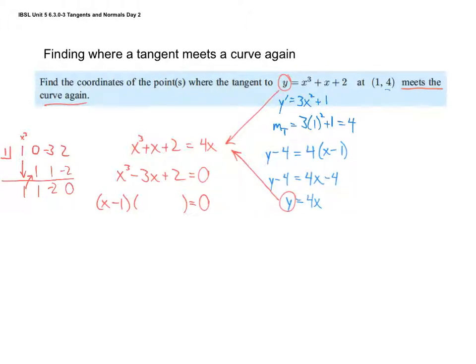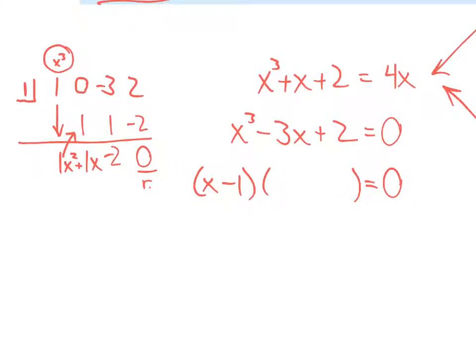But the reason why this is useful is because while this was an x cubed, we just divided by a power of x, so what's directly below it is now an x squared. And then this is x, and then we have a constant, and then that 0 is the remainder. Okay? And we want the remainder to be 0 because it's an actual factor.